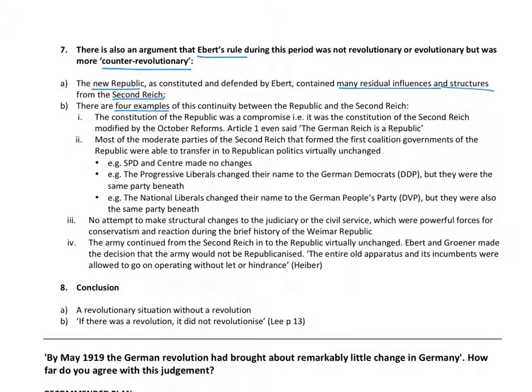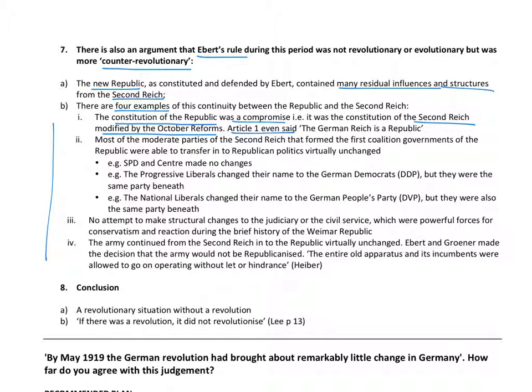Okay, so a useful little summary there of those continuities. First of all, the constitution of the Weimar Republic, when it was actually pronounced by the National Assembly, was a compromise. It was simply the old Second Reich constitution modified by the October reforms introduced by Prince Max.